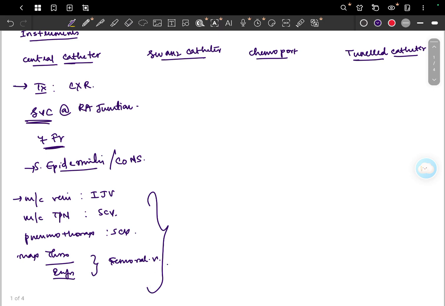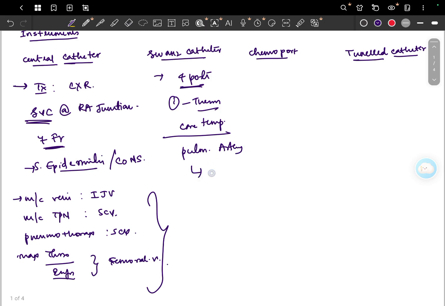Now coming to the next one, that is Swan-Ganz catheter. We have 4 ports here. One port is a thermistor, which is used to measure the core body temperature, and the ideal site will be the pulmonary artery.